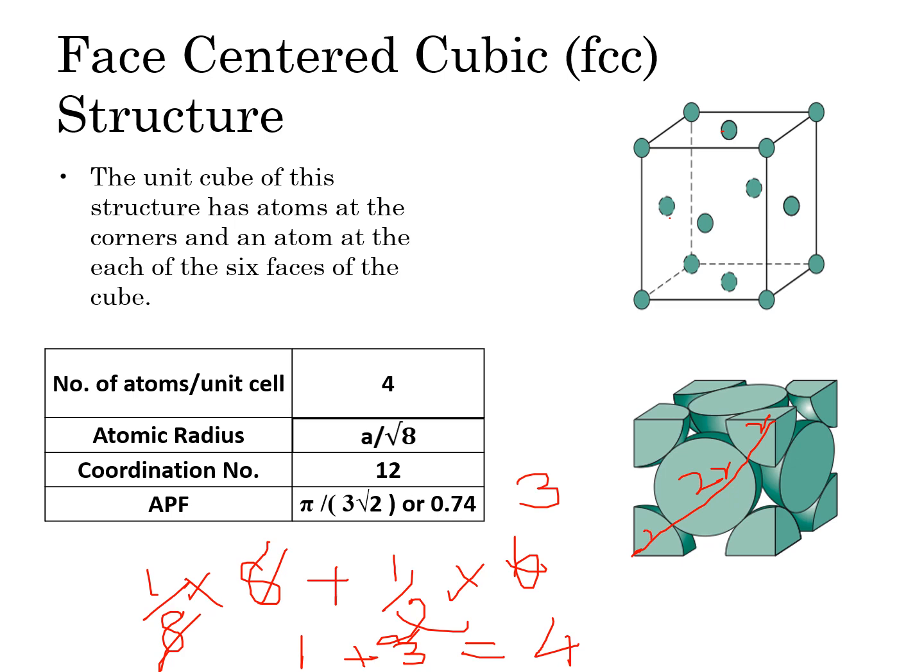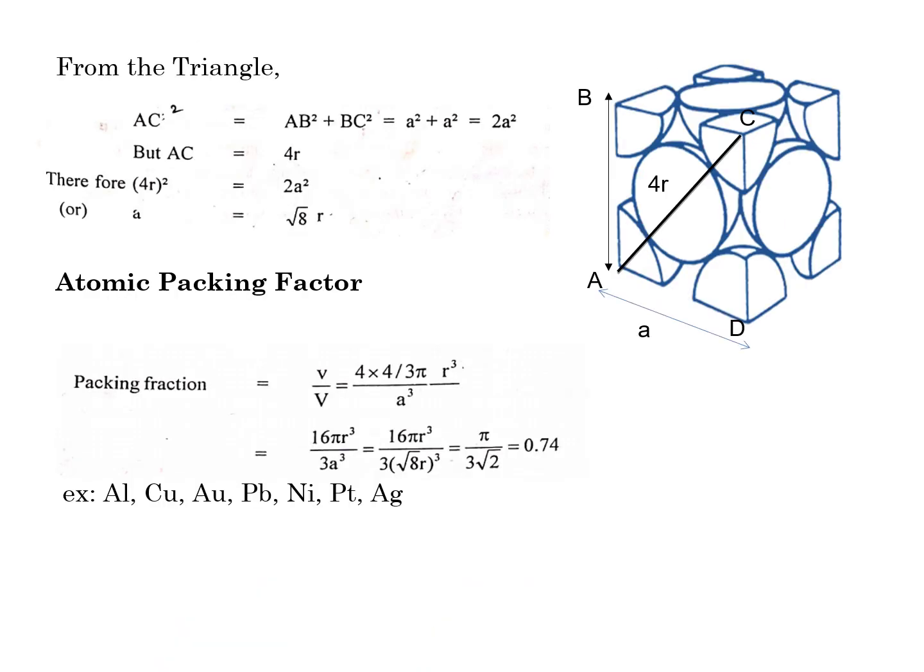For calculating the atomic radius, taking this as 2r, this is r, this is r. From this triangle, AC squared is equal to AB squared plus BC squared. This is a, this is a. Therefore, a squared plus a squared is 2a squared. But here AC is equal to 4R.